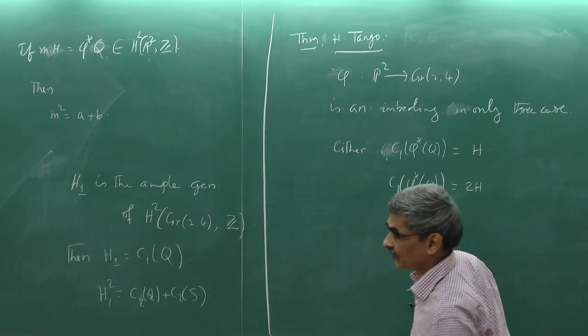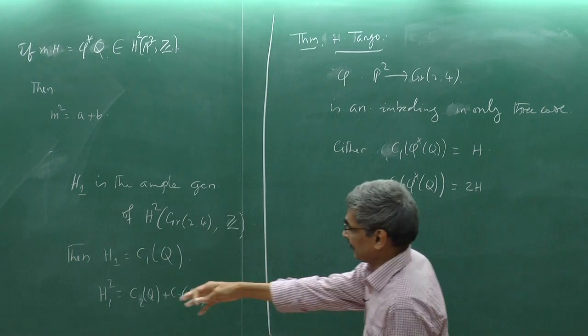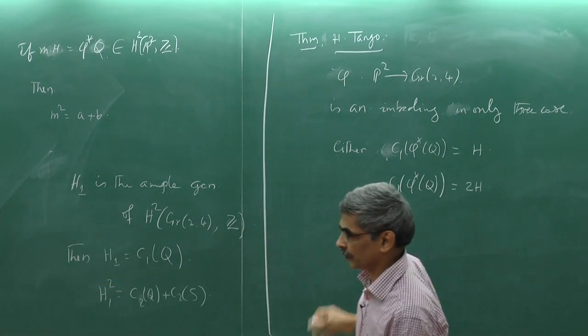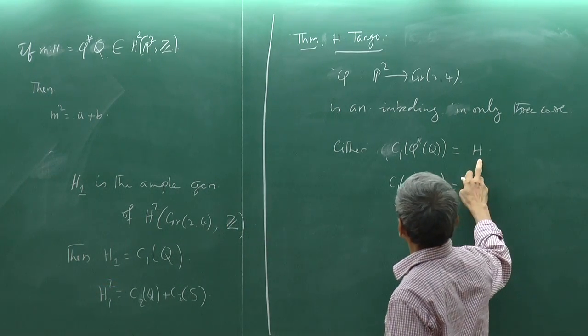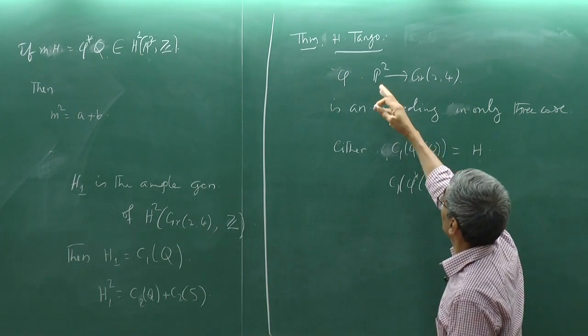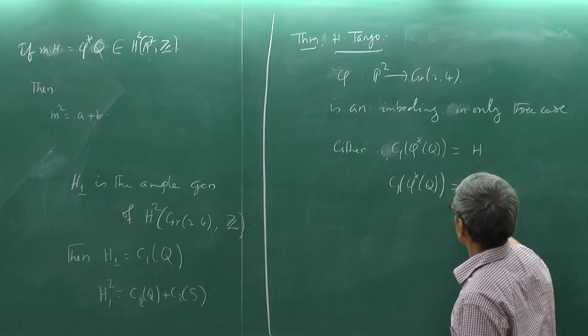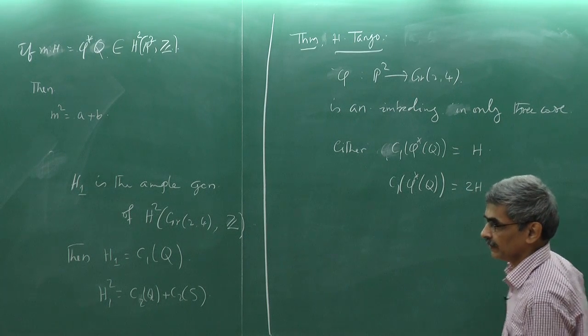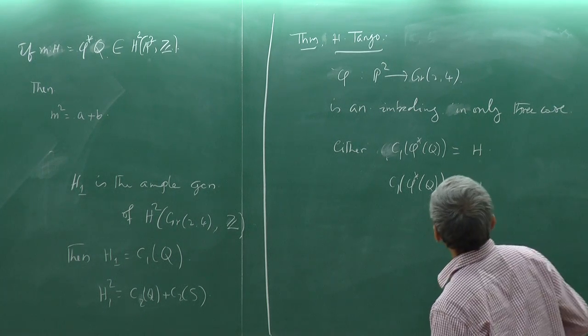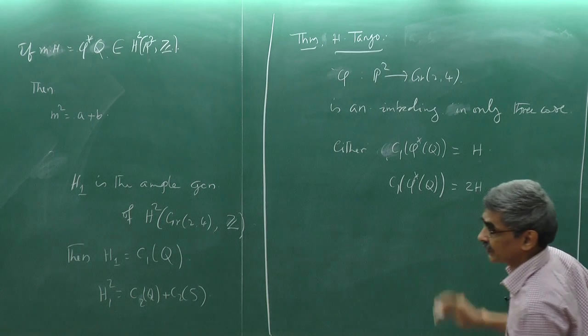Only in these 2 cases you get an embedding, and you can write down what A, B are in those 2 cases. In the first case, it's the linear embedding of P2 in the Grassmannian, and in the second case, this is the Veronese embedding given by the quadrics. So these are the only 2 cases which give an embedding.